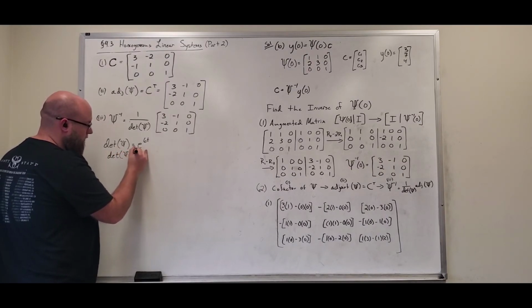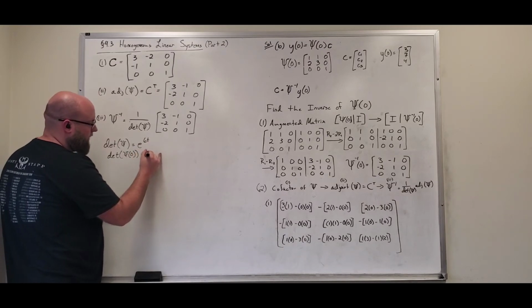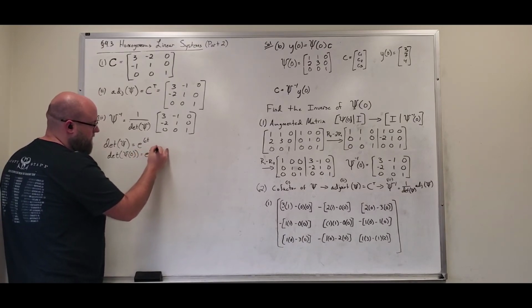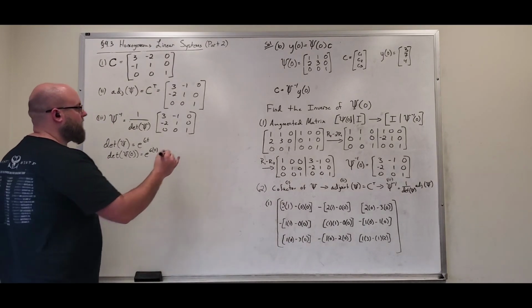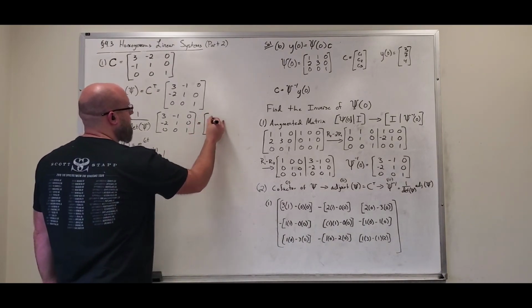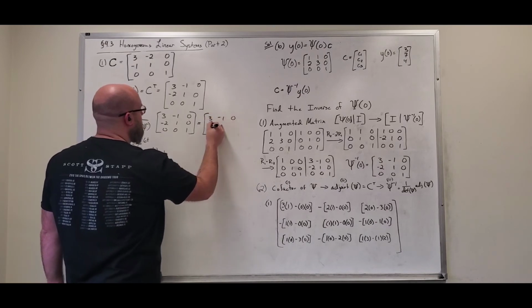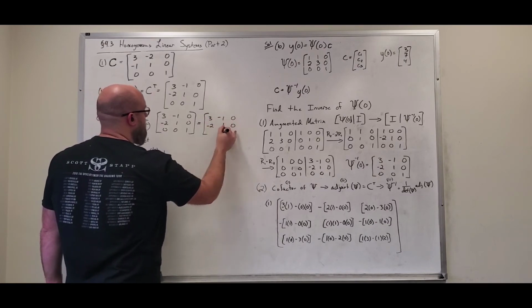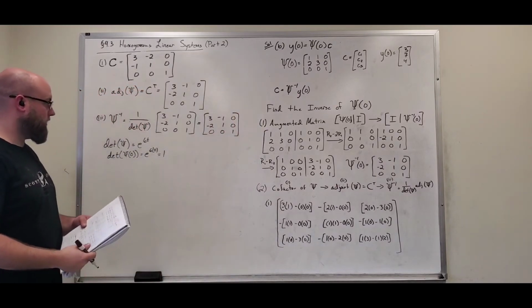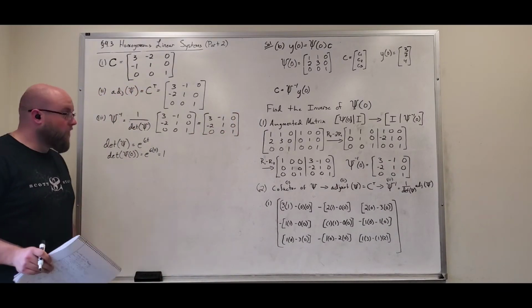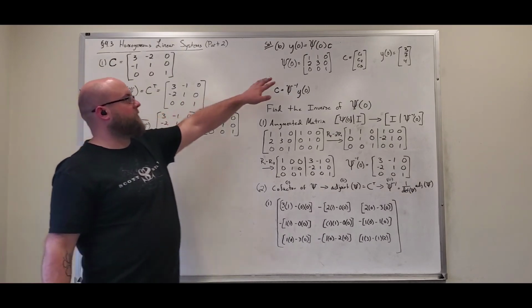That just becomes e to the 6 times 0, so that's 1. So that's the cool part about this one. In our case, the inverse of this is 3, negative 1, 0, negative 2, 1, 0, 0, 0, 1. You can use previous information for that.